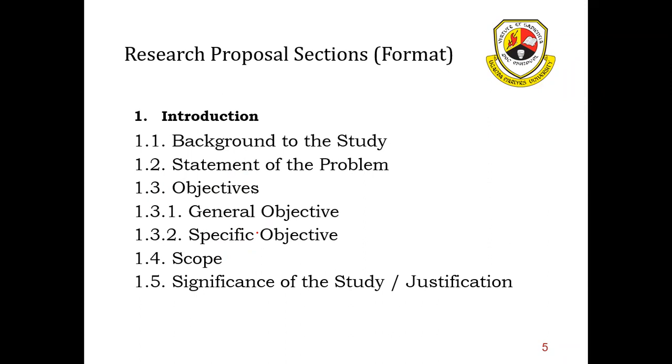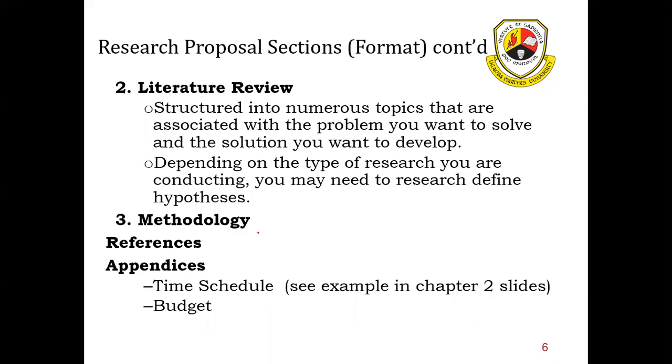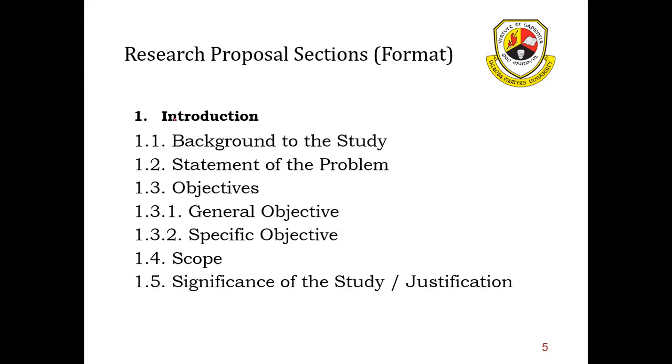It would be a little bit more detailed in your proposal. The second chapter would be your literature review. Okay. So in the literature review, now let me first of all go back to chapter 1.